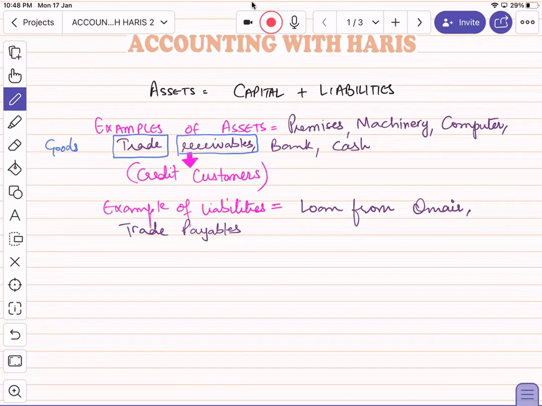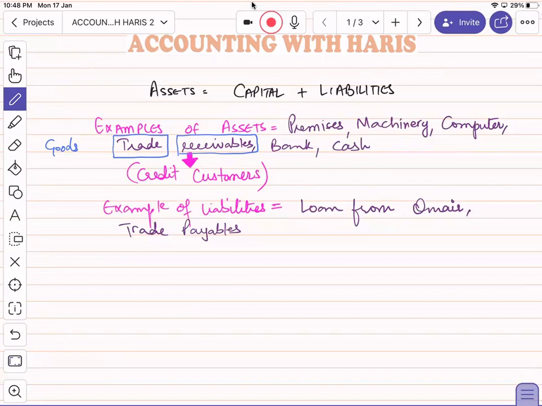Anybody from whom you receive money in future is referred to as a receivable. And since it has to do with goods, like you sold him goods on credit, that is why this is referred to as trade receivable. I hope I am clear on this. And why is trade receivable an asset? Because the trade receivable amount would also get converted into cash in future for us.